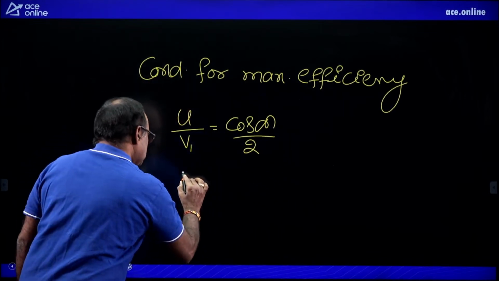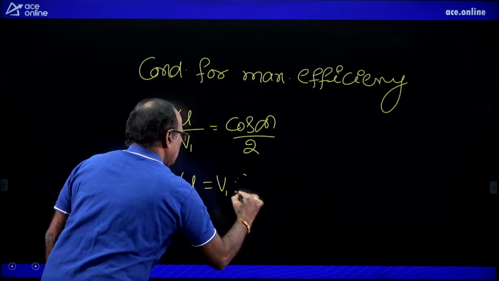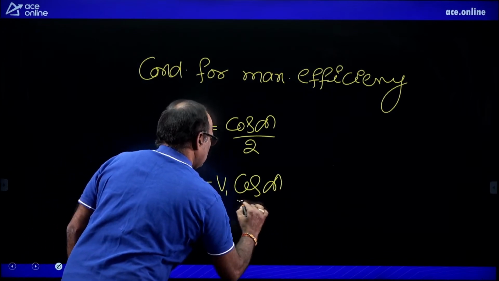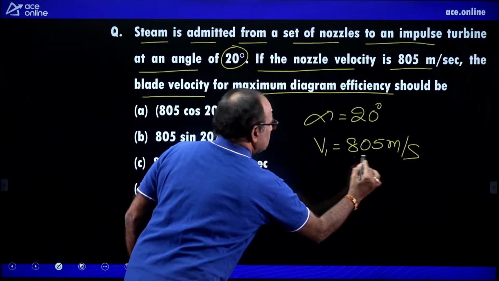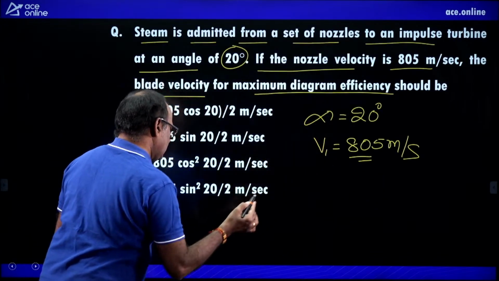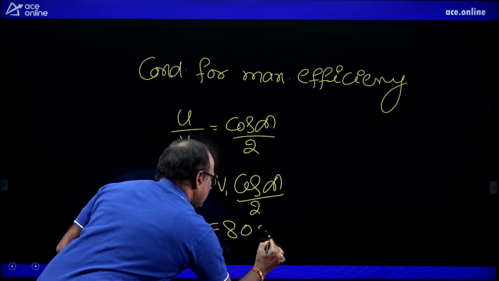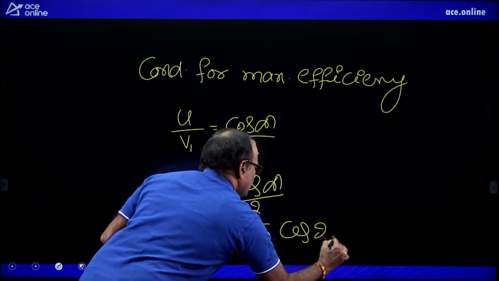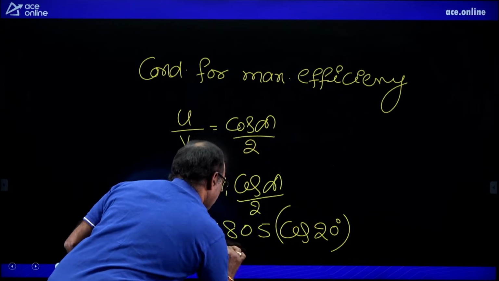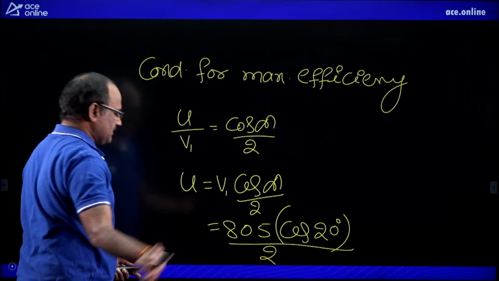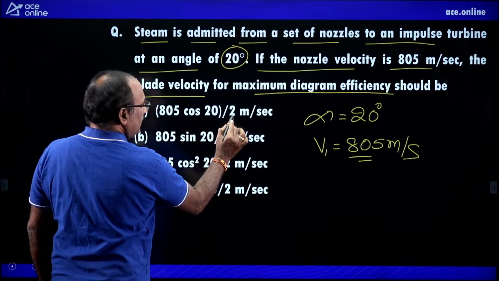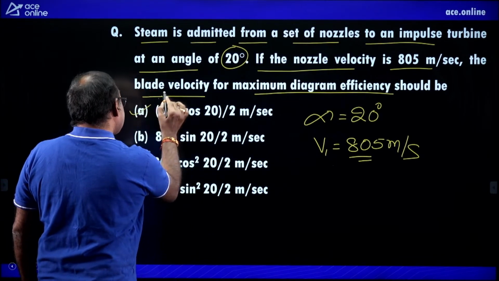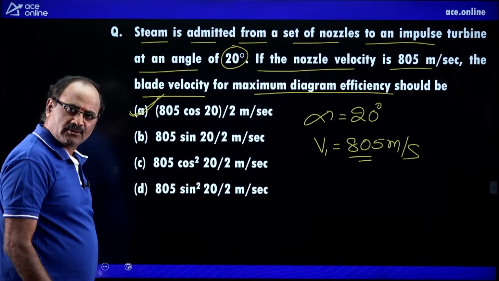From this, U equal to V1 into cos alpha by 2. What is the V1 value? V1 value, how much is given? 805. Alpha 20. So 805 into cos 20 degrees, whole divided by 2. That is the answer. Now look at the options. 805 cos 20 divided by 2. This is absolutely correct. Okay?